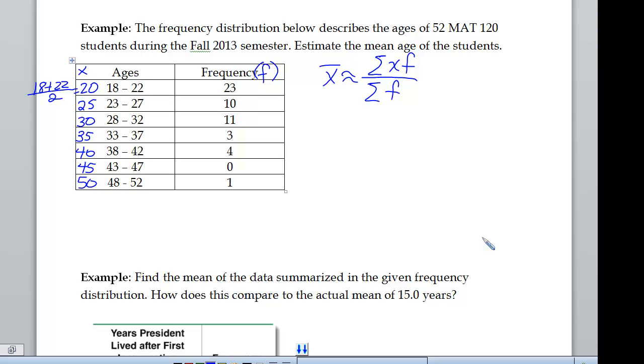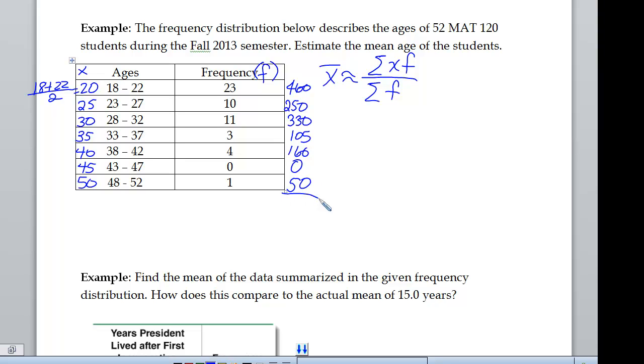So 20 times 23 would be what? 460. 25 times 10 is 250. 30 times 11 is 330. 35 times 3 is 105. 40 times 4 is 160. 45 times 0 is 0, and 50 times 1 is 50.